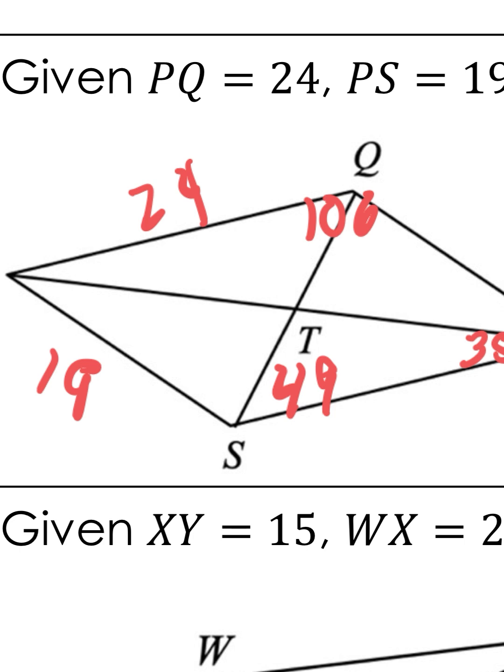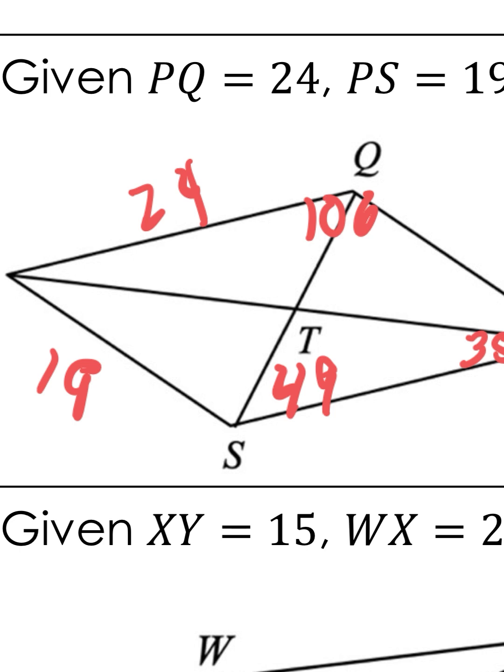So the reason that's important is because opposite angles are equal. So 106, this larger angle, it must be that PSR, this larger angle down here, that has to be 106 as well. So if that has to be 106, then for this angle right here, I would take 106 and subtract out 49.